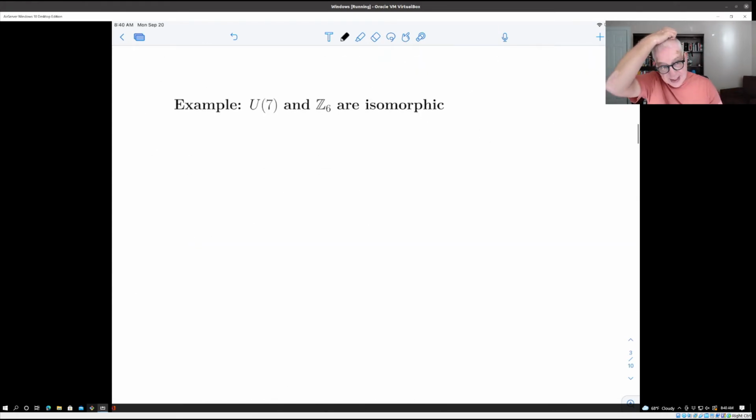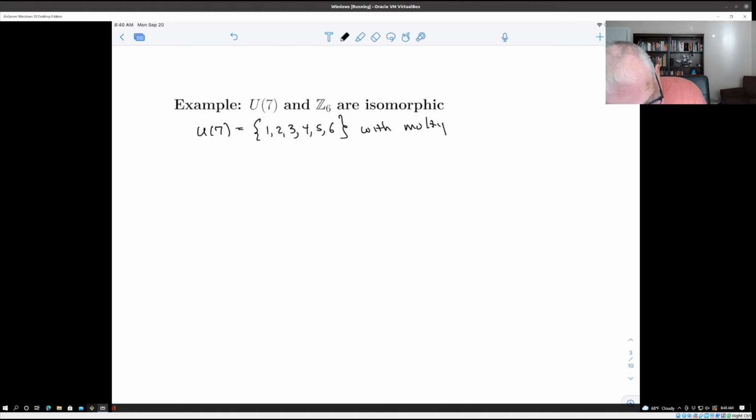Let's look at another example of isomorphic groups. So remember what U of 7 is. U of 7 are the non-zero things mod 7 with multiplication. And Z6, of course, are the numbers 0, 1, 2, 3, 4, 5 with addition.